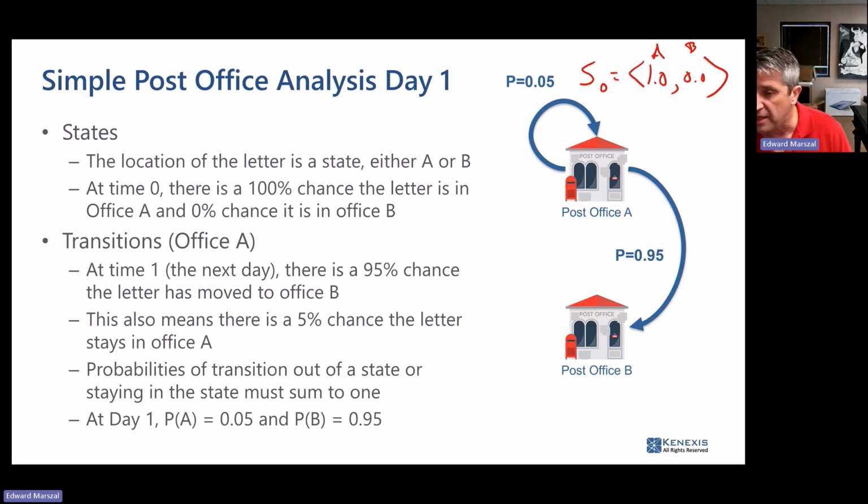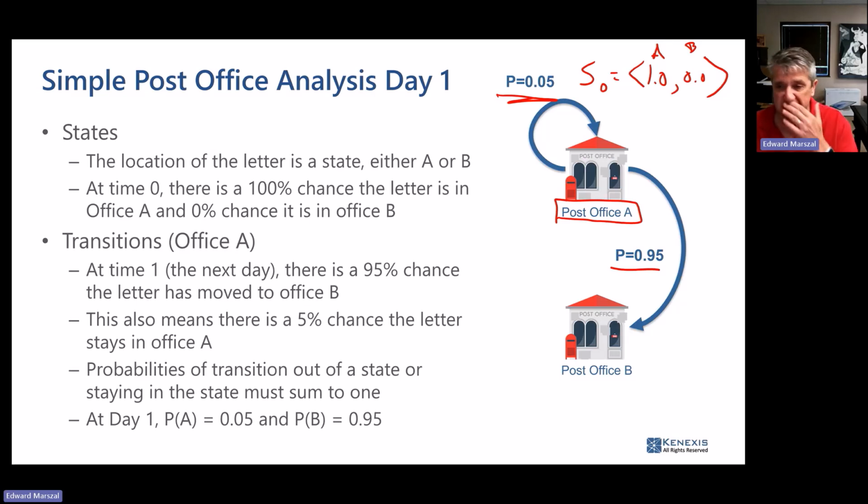I know that if I'm in post office A, there's a 95% chance that I'm going to transition to post office B. But the unspoken part of that statement is that if there's a 95% chance it transitions to post office B, then there's the complement, 1 minus 95%, or 5% of the time, it's going to stay in post office A. So when you look at any particular state, and let's call post office A a state, all of the probabilities of transitions need to add up to 1.